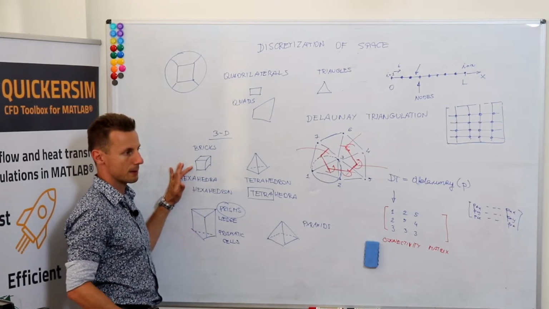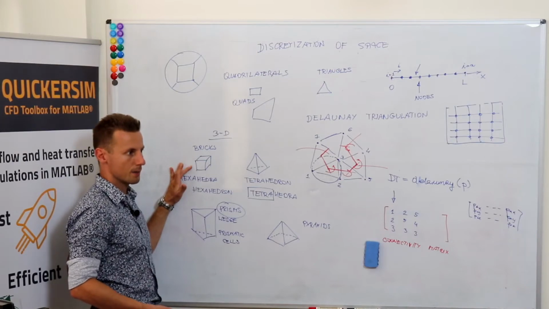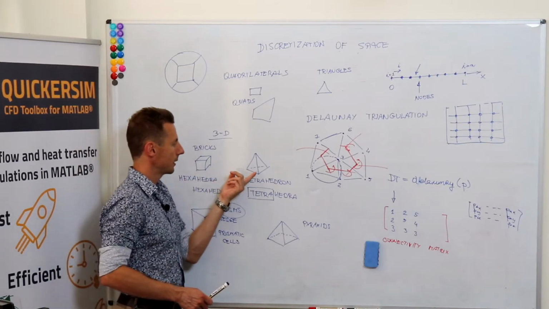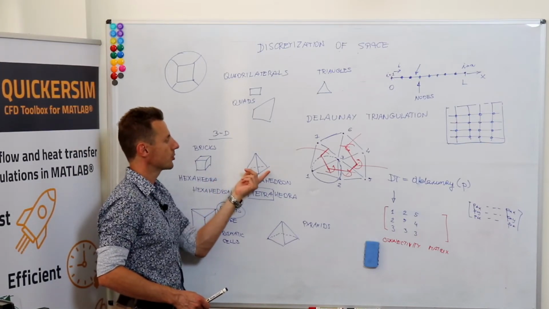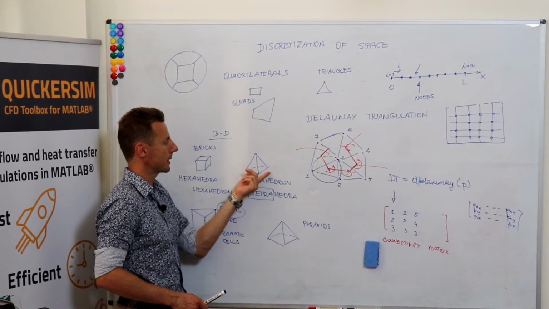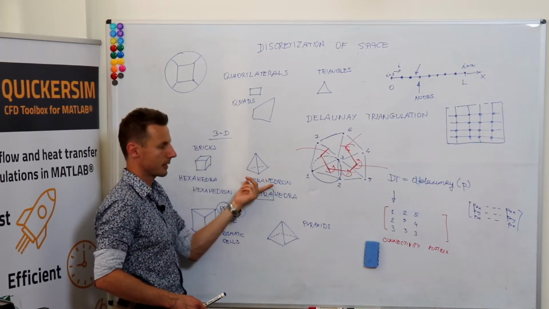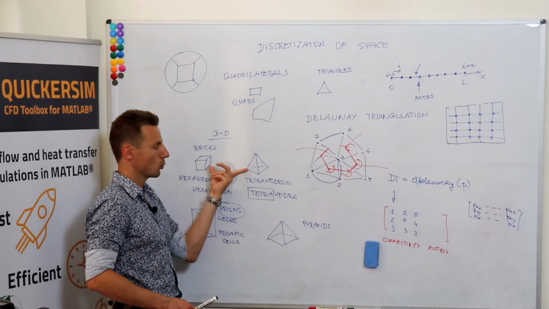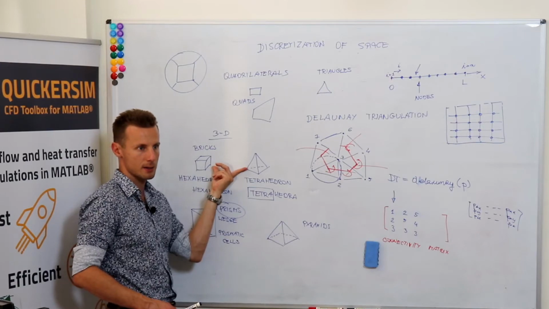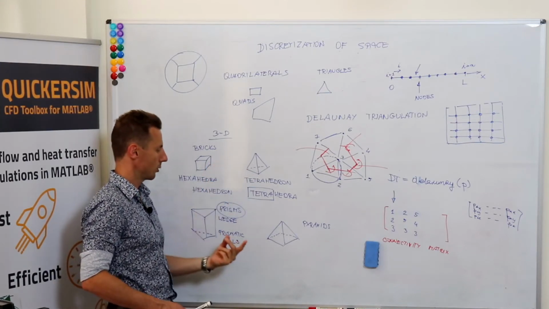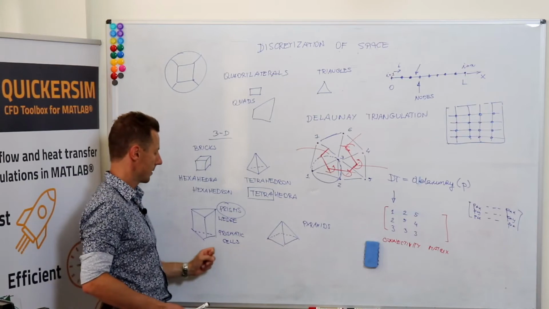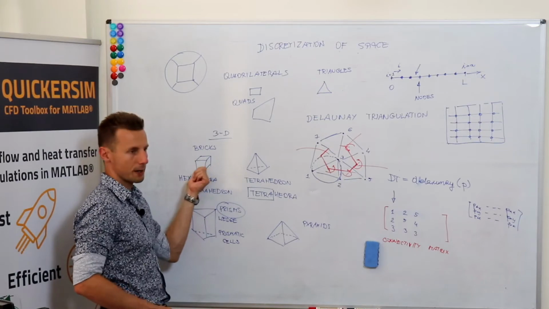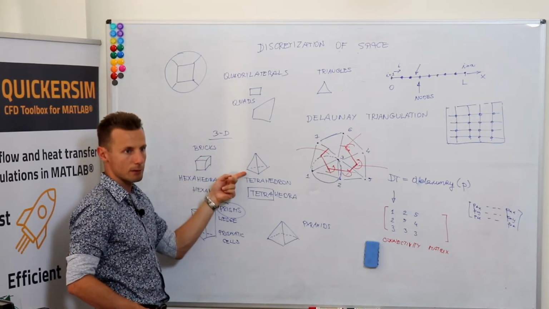Relatively small amount of elements and small amount of nodes, so that's pretty nice. And you can generate the whole space discretization in 3D just based on the tetrahedra. But if you add hexahedra and you want to combine these two types of cells, you absolutely need to add pyramids and prisms to your code, because there is no way to always connect hexahedra and tetrahedra with each other.